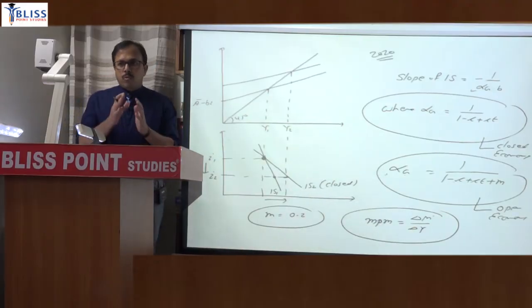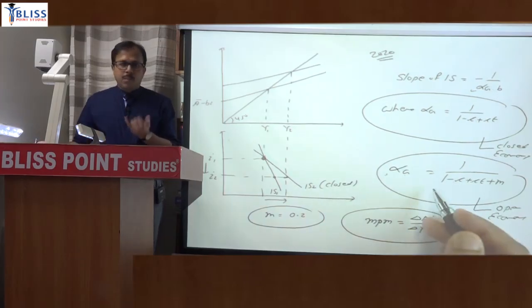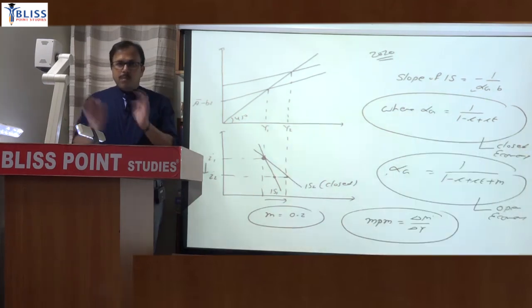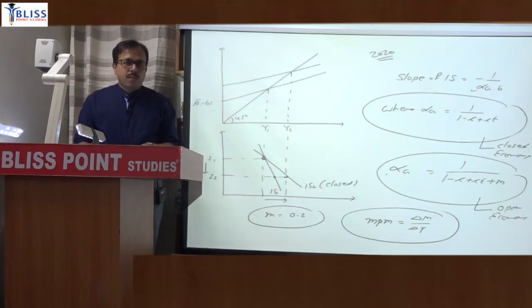Now remember, in this question what they are trying to examine is your understanding of the open economy, the multiplier concept, the IS curve, and above all your ability to apply the concept. If you are able to apply the concept, then you can answer this question. Clear? It is not a difficult question.